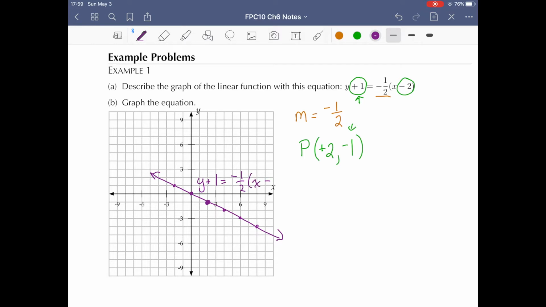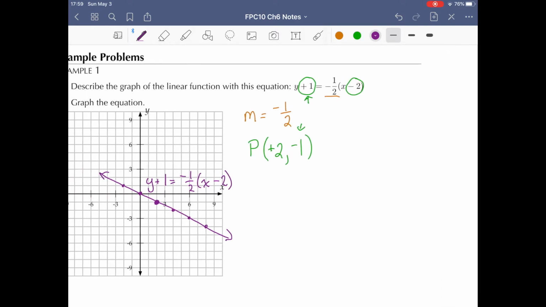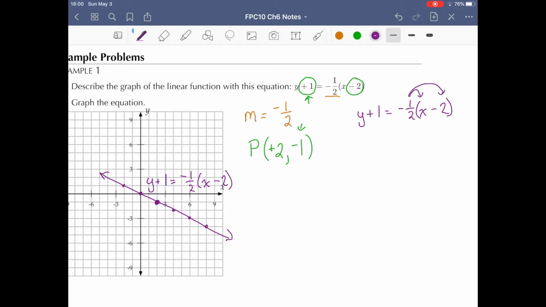x minus 2. Now, if we want to turn this equation into y equals mx plus b form, let's write it out. Y plus 1 equals negative 1/2 x minus 2. We simplify this side to get y plus 1 is equal to negative 1/2 x plus 1.